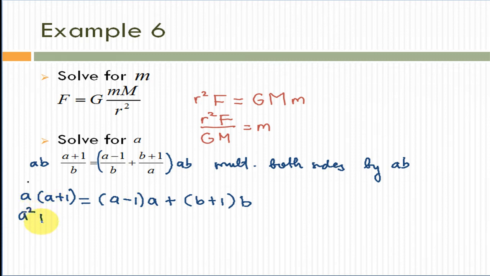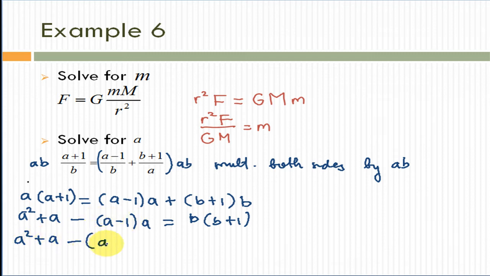A squared plus a minus all of this equals, okay, let me write b first, b times b plus 1. Okay, a squared plus a minus a squared minus a is equal to b times b plus 1.